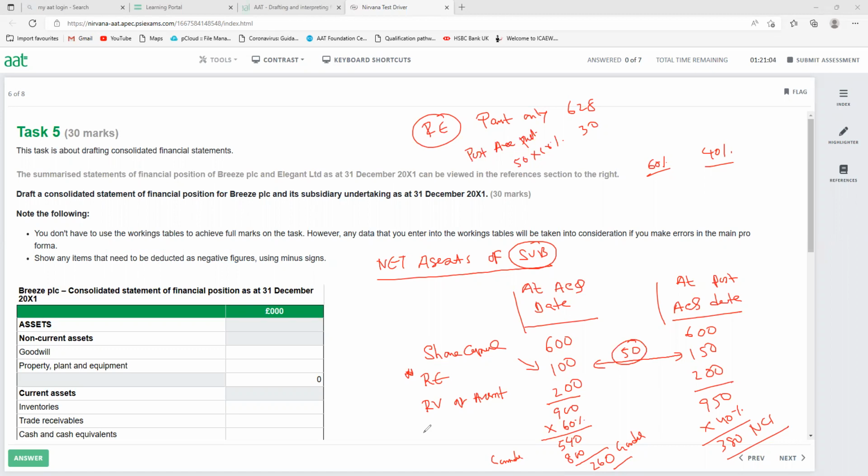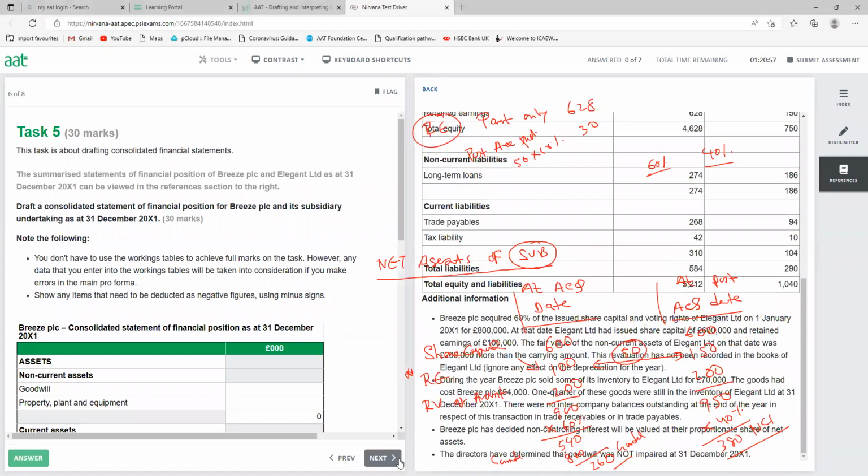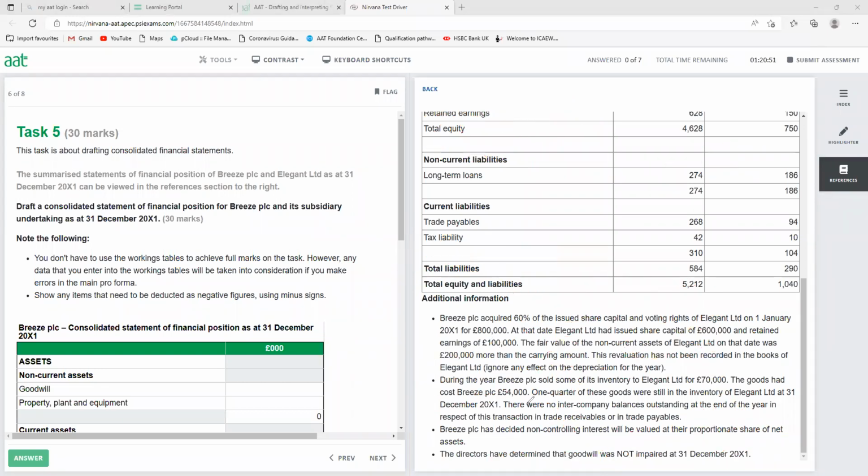The next one we look at, there is another piece of information that's also very important. We call it provision for unrealized profit. Now, if you have a look at this part, it says, during the year, B Limited sold some inventory to E Limited. When we are one company, because we buy each other, we are together. So any profit we make from each other is not profit for us.